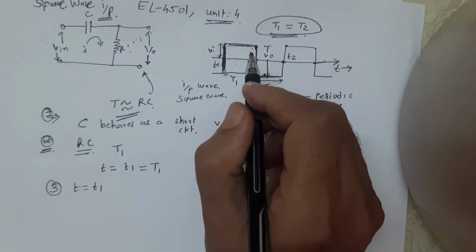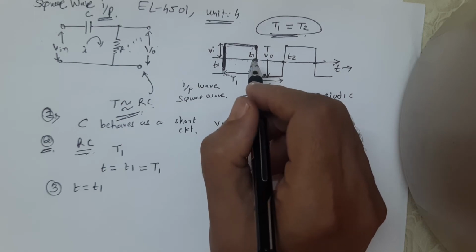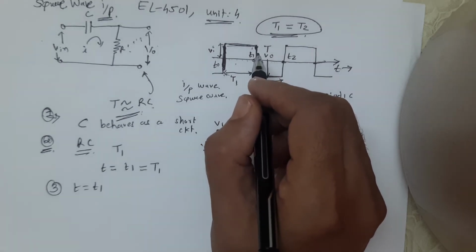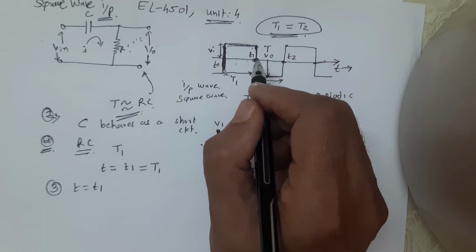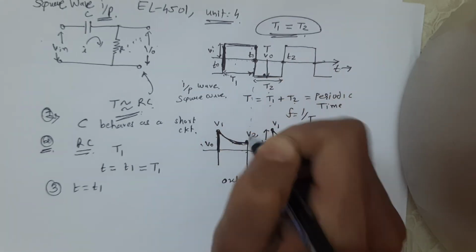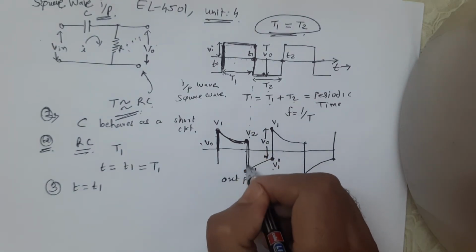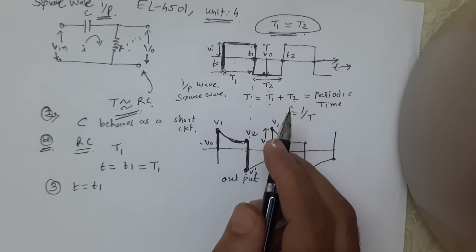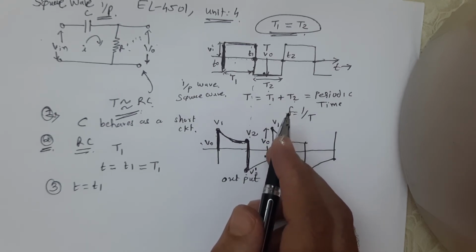Due to this, the output voltage at once falls by the same amount across the output, that means across the capital R. Hence the output voltage becomes negative.